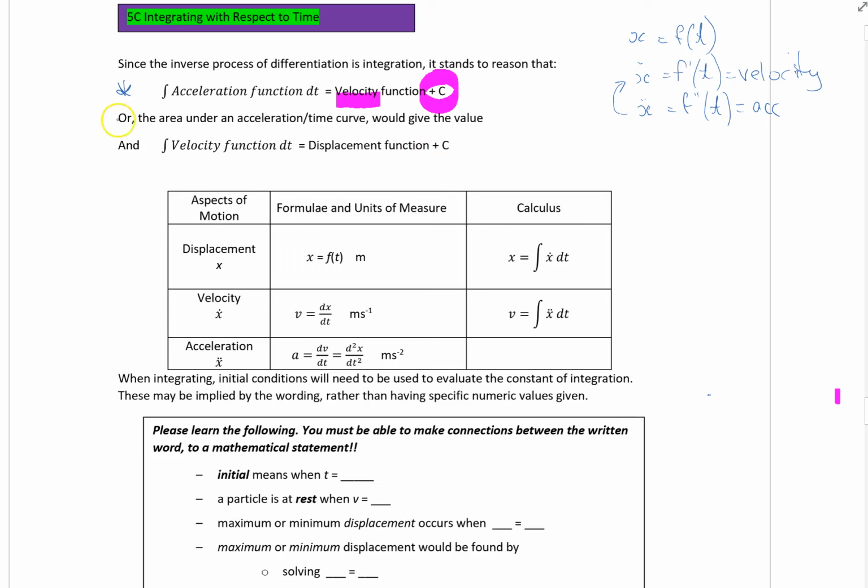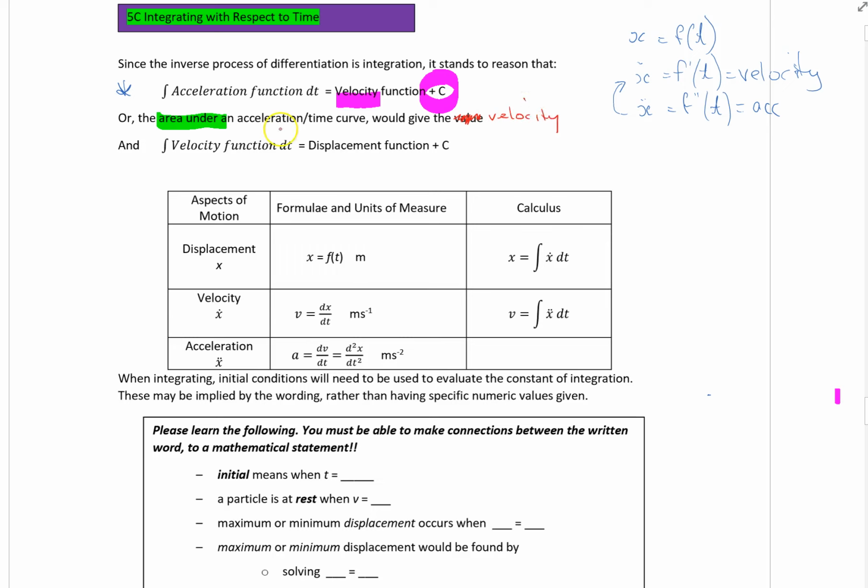Another way of thinking about it is you could think about the area under the curve. The area under the acceleration time curve, and I need you to correct this, that's not value, that is actually velocity. You probably picked that up. So could I get you to fix that up in your notes?